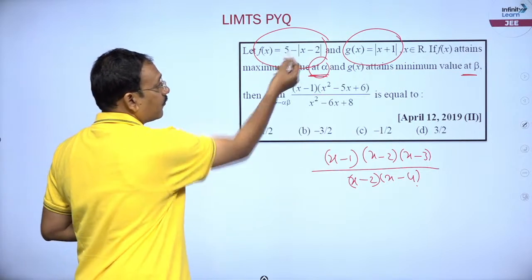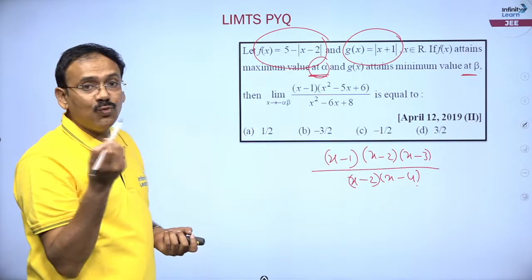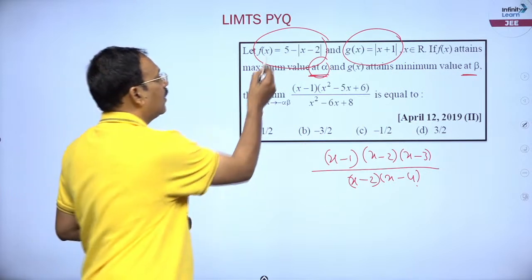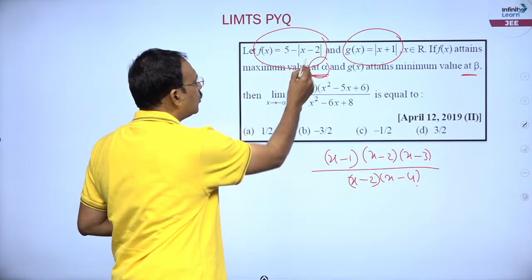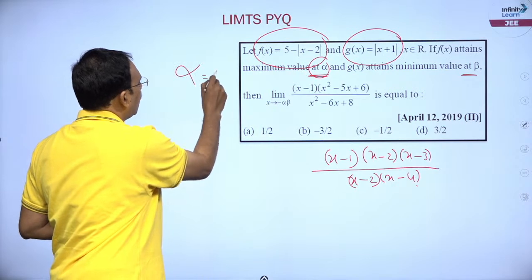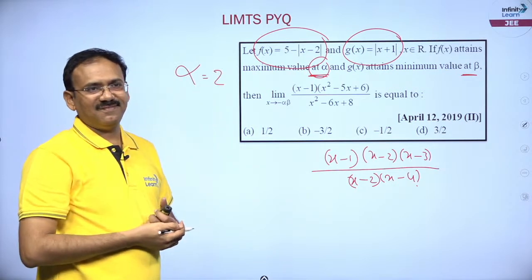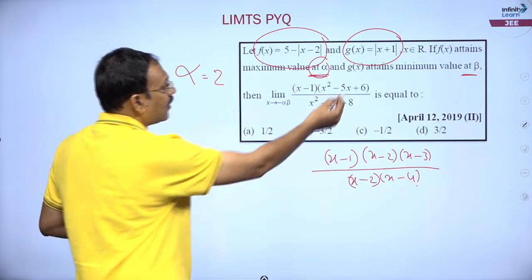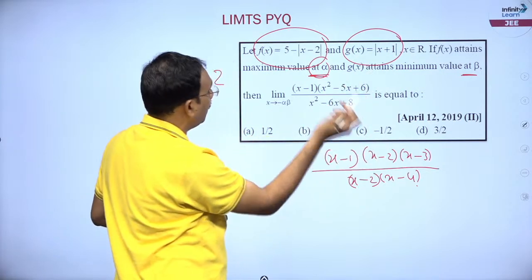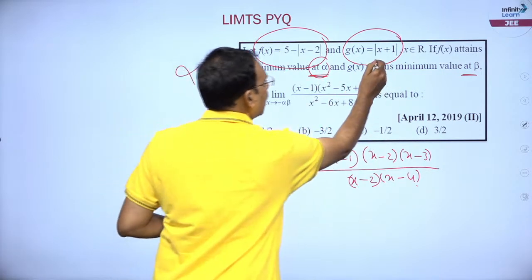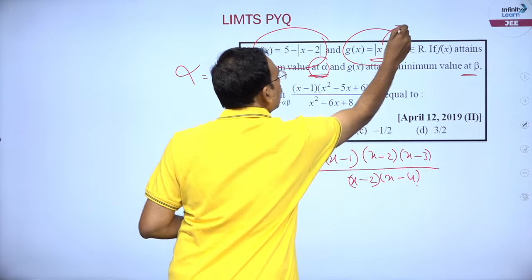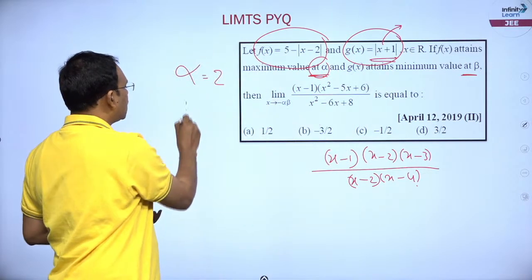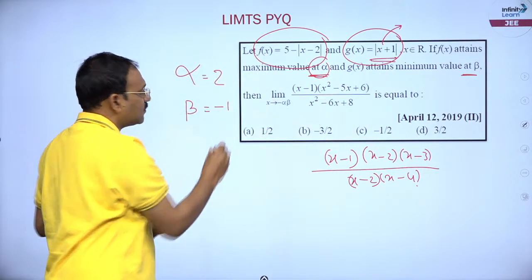5 minus mod x minus 2 will be maximum, 5, when x is equal to 2, friends. So alpha is equal to 2. And mod x plus 1 attains minimum value at beta. Its minimum value is 0 when x value is minus 1. So beta is minus 1.